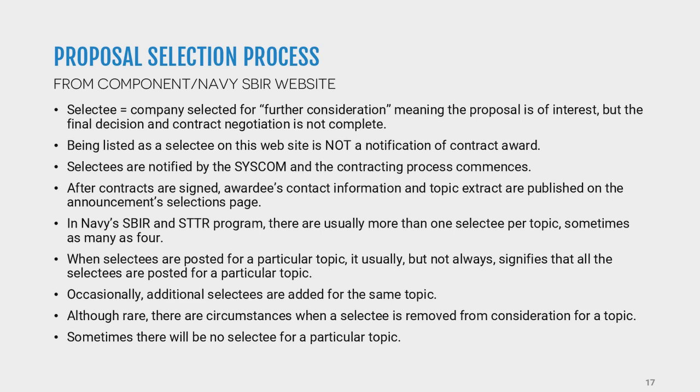It doesn't mean that you've been awarded. It doesn't mean you are absolutely going to get an award. It just means that based on your proposal, if all the stars align, you will get an award. Most of the selection letters will say you cannot incur costs. If you do incur costs, they are not reimbursable by the government.